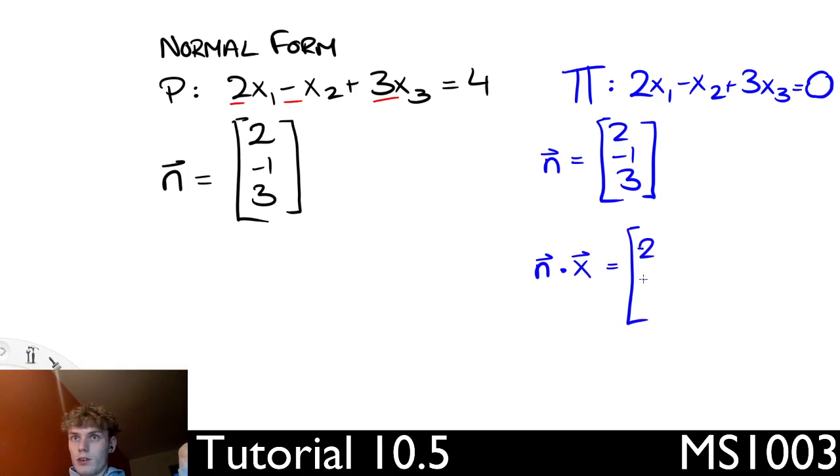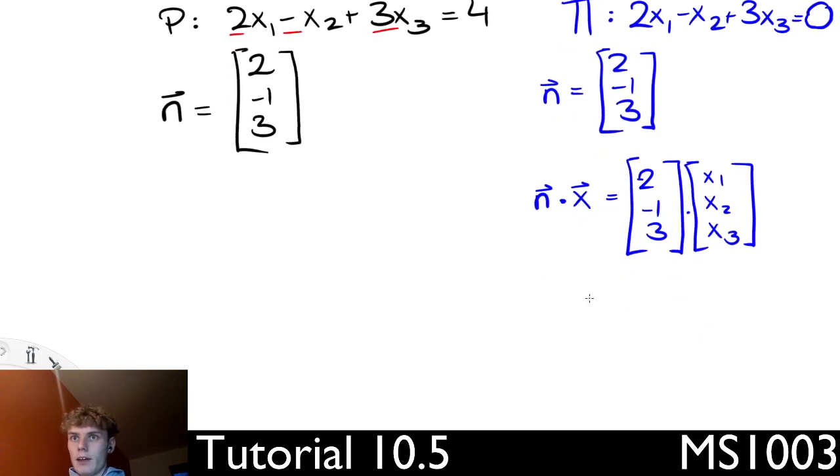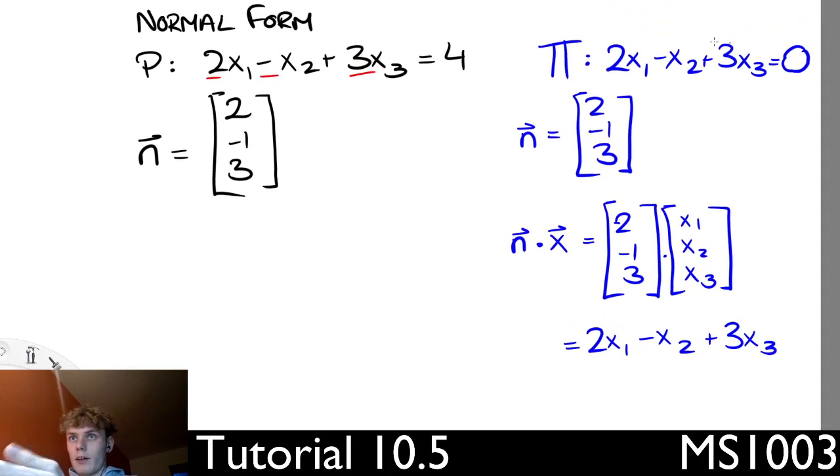If I do n, 2 minus 1, 3, dot any x, so x1, x2, and x3, then clearly what I get is this thing, which is my equation of a plane, right here. So it is 0, okay? N dot x is equal to 0 for any x on the plane. This makes sense, right? That's why the normal vector you get by just reading off the coefficients.